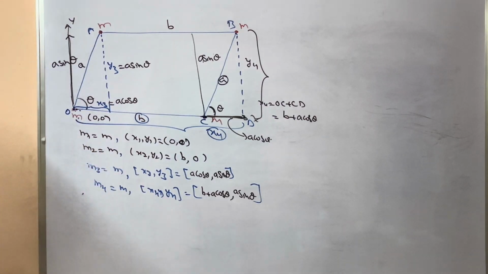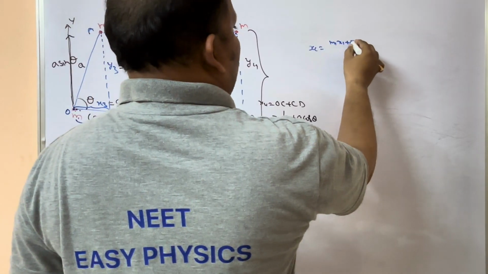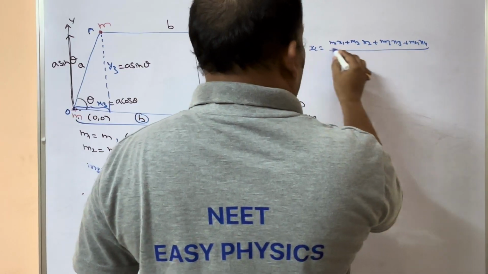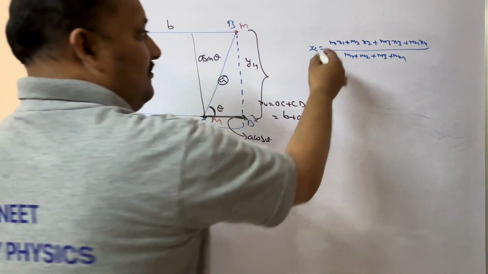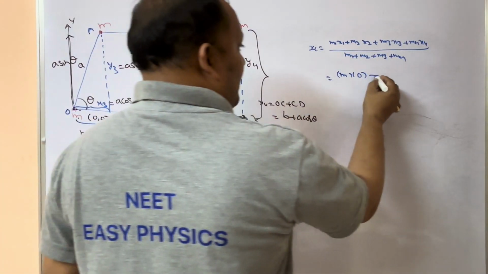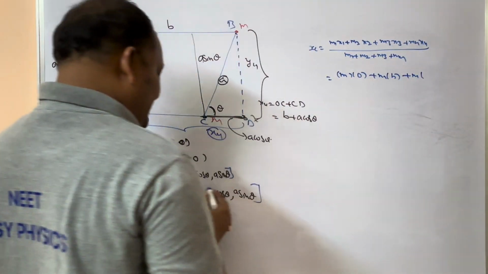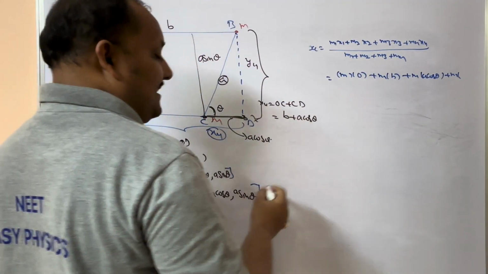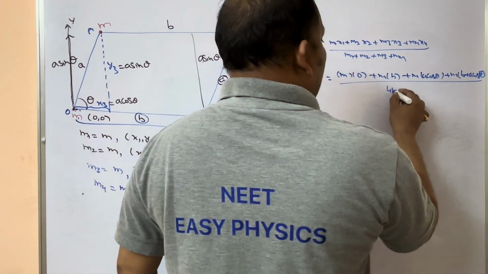Once you have found all these coordinates, our formula is x equals m1 x1 plus m2 x2 plus m3 x3 plus m4 x4 by m1 plus m2 plus m3 plus m4. All the m's are the same. M into x1, which is 0, plus m into B. Next, m into x3, which is A cos theta, plus m into x4, which is B plus A cos theta, divided by 4m.